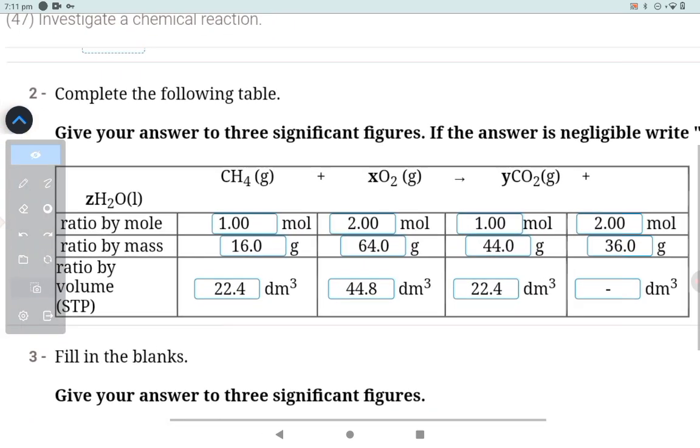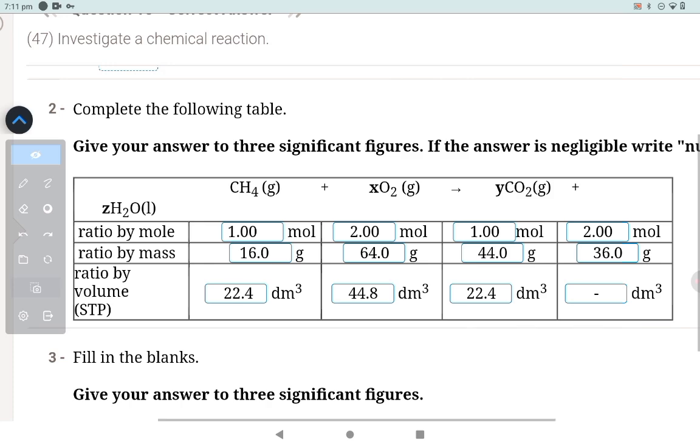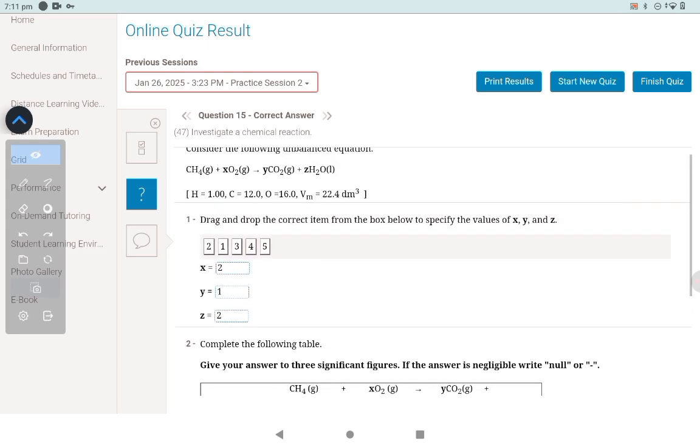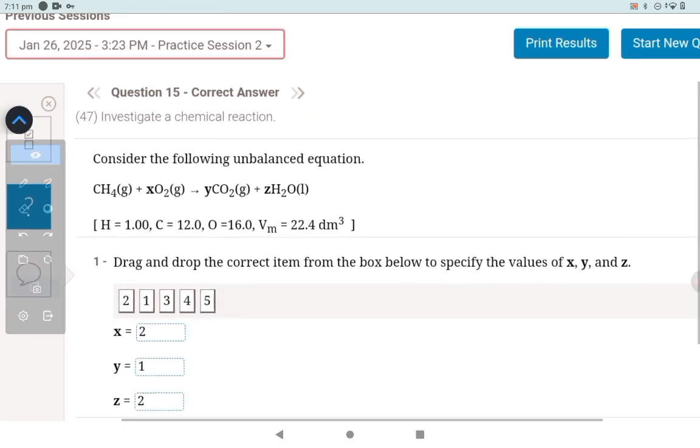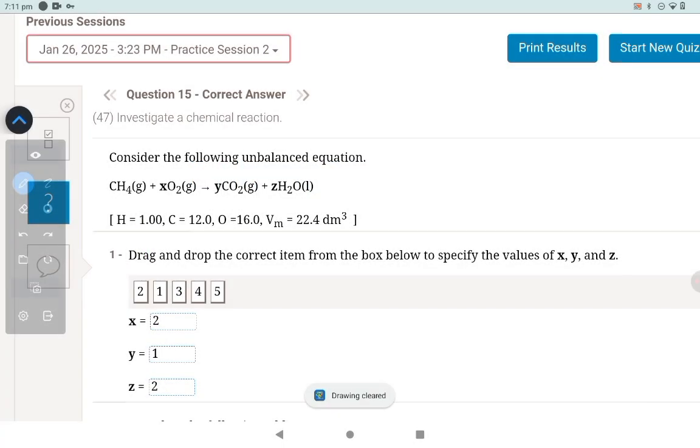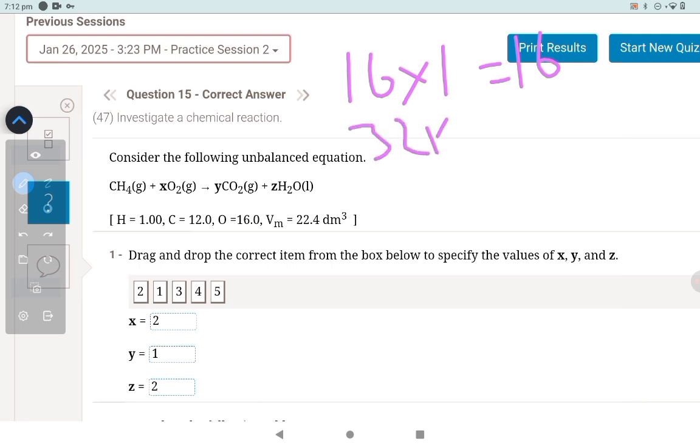Okay, ratio by mass. We need to find the mass, which is m equal to moles times molar mass. We can take the molar mass and multiply it by the moles. We know all of them. So CH4, the molar mass is C, which is 12, plus 4 hydrogens, so 16. 16 times 1 is 16, and O2 is 32, times 2, which is 64.